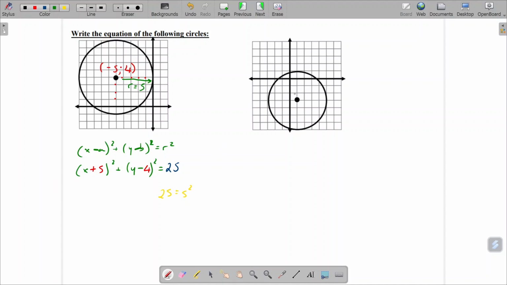We can see that this circle's center is at (1; -3). We can see from going across that the radius is 4. So we've got (x minus 1) squared plus (y plus 3) squared equals 16.